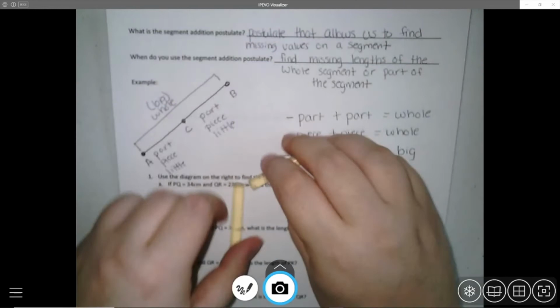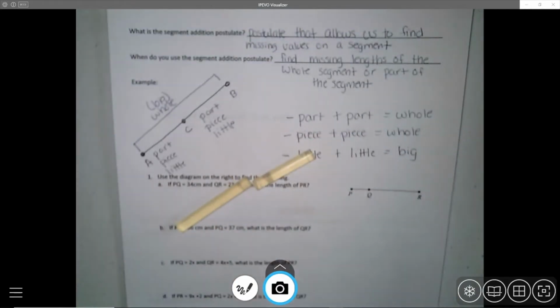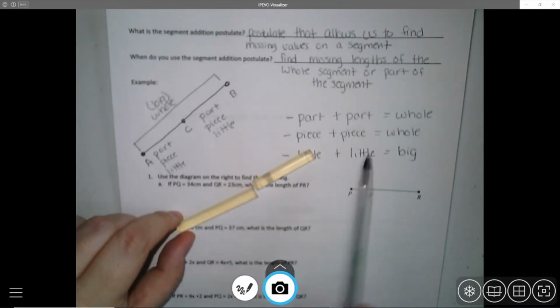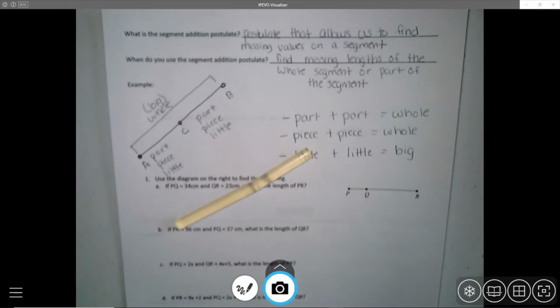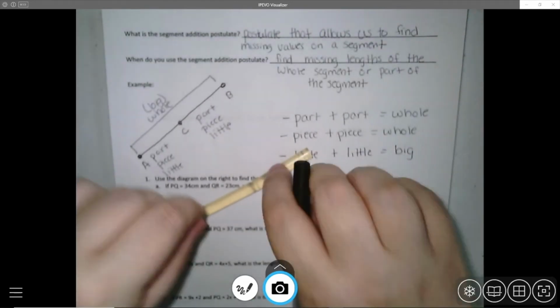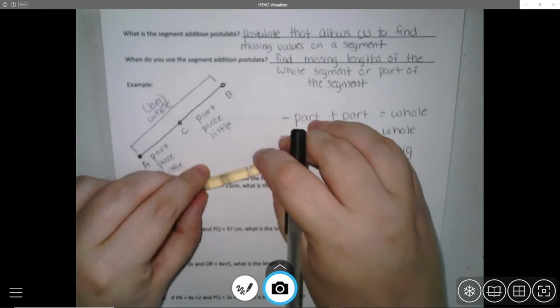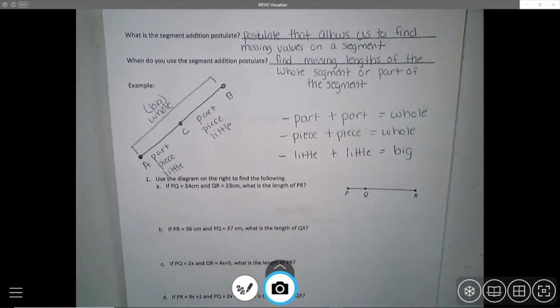So I have a part and a part, and if I put them together, they give me the whole glue stick. That is like your segment addition. You have a whole thing, and they have separated it, but if you add them or put them back together, they are going to give you your whole thing back.